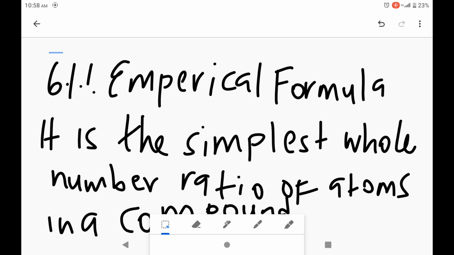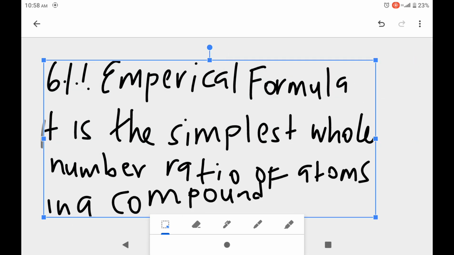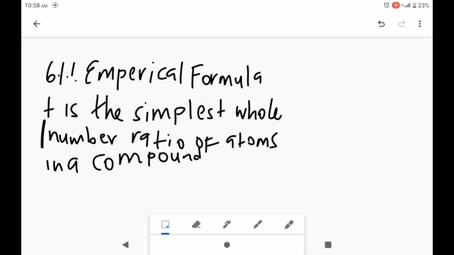Let me try to decrease the size. You can see empirical formula is the simplest whole number ratio. The simplest whole number ratio of atoms in a compound.